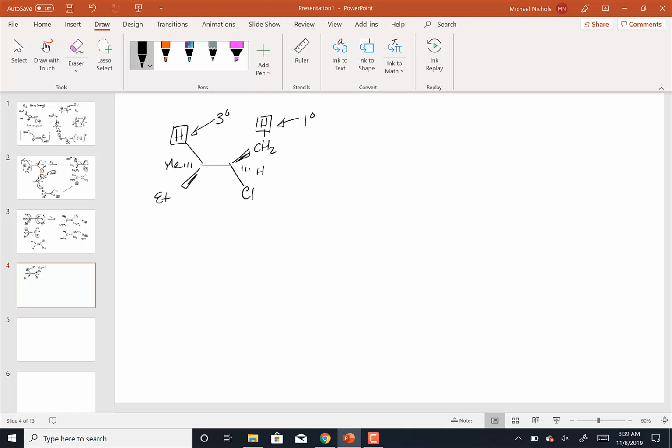We agree on those classifications? Because that's correct. The one on the left is tertiary, the one on the right is primary. So I can actually pick and choose which hydrogen I want to deprotonate based on steric hindrance. So my next question is, which one of those two hydrogens is more sterically hindered, or has more steric hindrance around it? The primary or the tertiary?